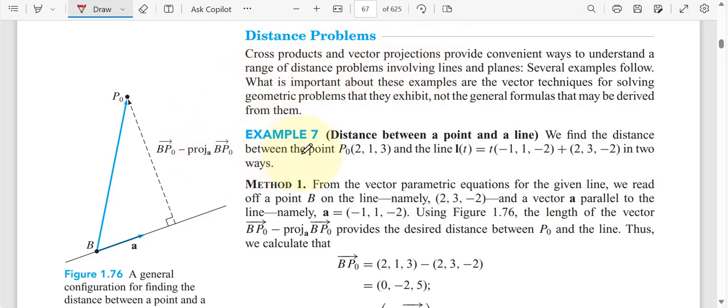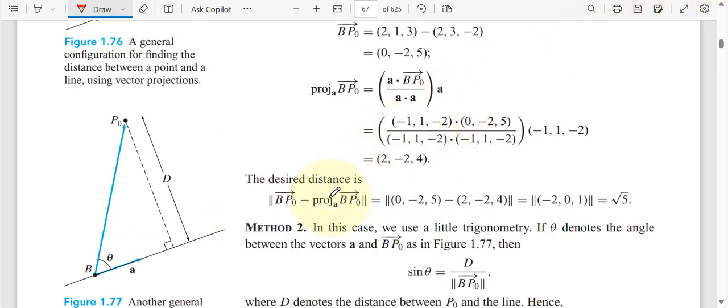Okay, in this example 7, they talk about the distance between a point and a line. So here's a line. We want to know the distance, and we can use the concepts that we have developed to get this. And you can go through it, and the answer turns out to be this.